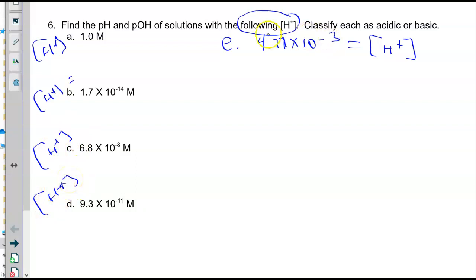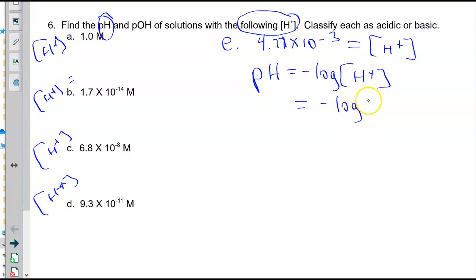If this was your example, here's what you would do. I'm starting this the wrong way, let me try again. We need to solve for pH. We know pH is equal to the negative log. You need to show the basic formula every single time, all 4 of these. So negative log of, in my example, 4.77 times 10 to the negative third.